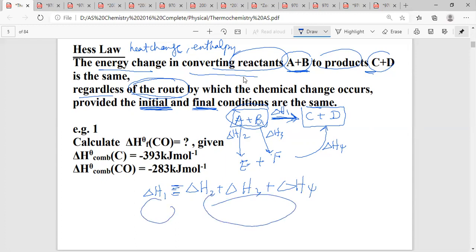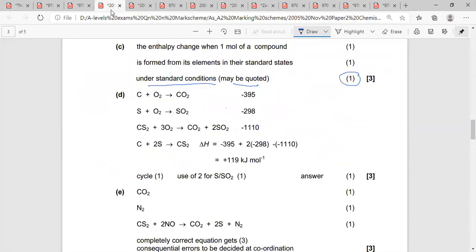Okay, right? Now let's look at the definition given here.